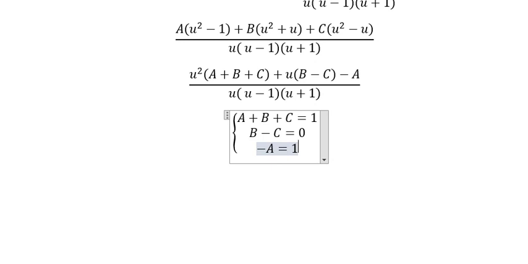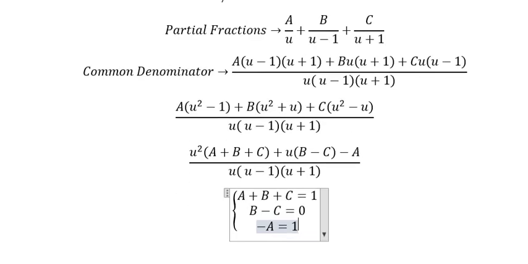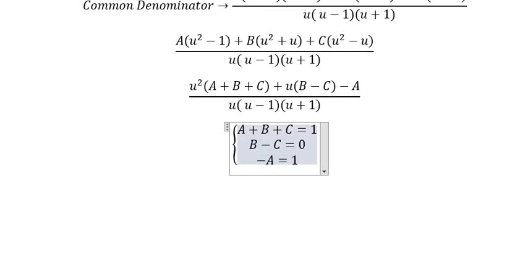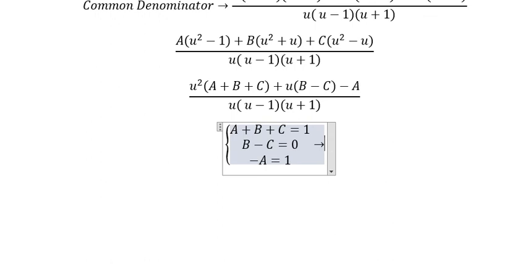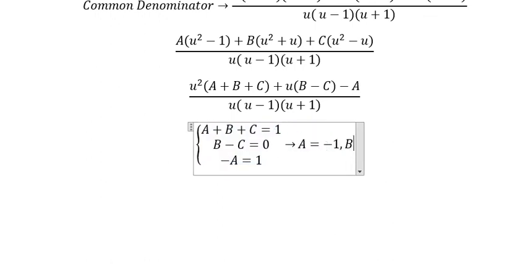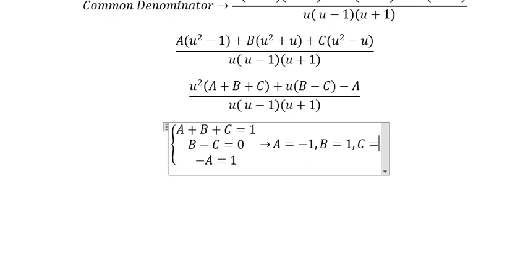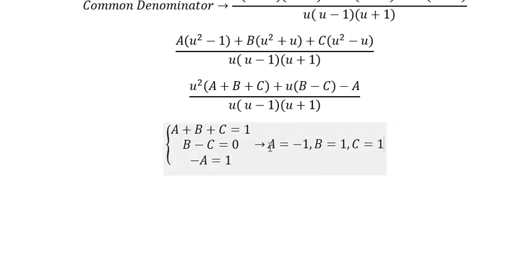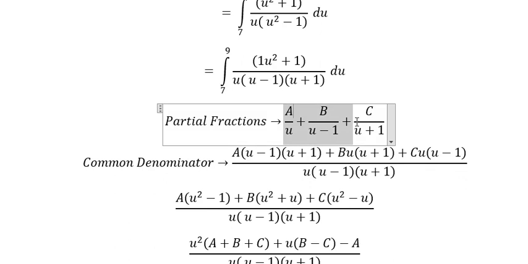Now we can find the solutions of A, B, C. So A equals negative 1, B equals 1, C equals 1. So we put A, B, C in here.